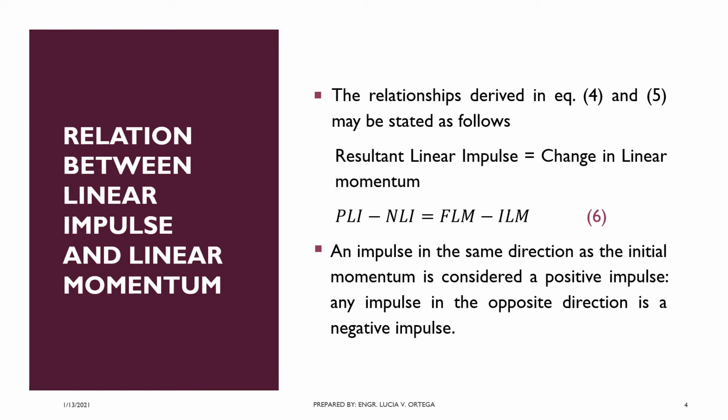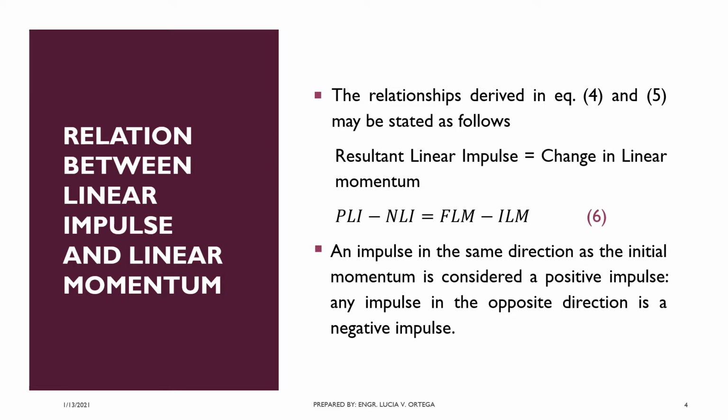The relationship derived in equations 4 and 5 may be stated as follows: resultant linear impulse is equal to the change in linear momentum. We can write this equation in symbols: positive linear impulse, PLI, minus negative linear impulse, NLI, is equal to FLM, final linear momentum, minus ILM, initial linear momentum.